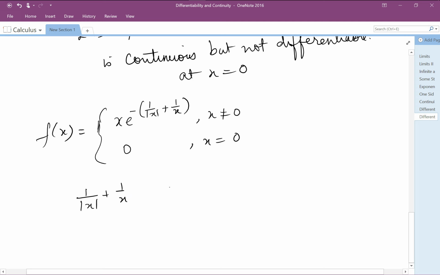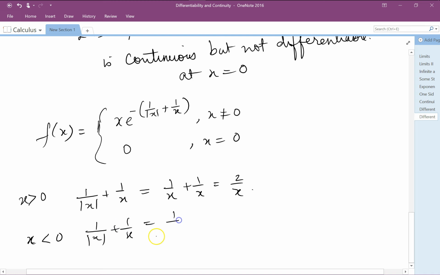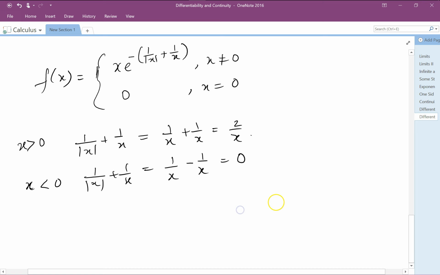So here there are two situations. Let's look at x greater than 0. Absolute value of x will be x itself, which is 2 by x. When x is less than 0, absolute value of a negative number would be minus x, so this will remain as x, whereas this will become minus 1 by x. So which means 0. Okay, that's one point.